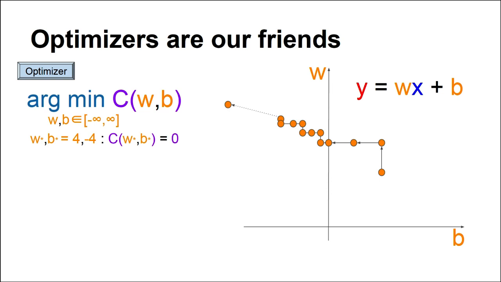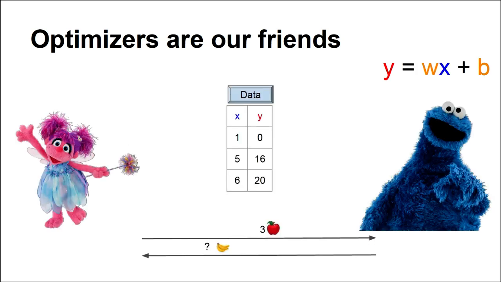And because this is a linear function, you always get there if your step size is small enough. So if we say that W is 4 and B is minus 4, you will get every sample correctly. So with this, we have our model, which is 4 and minus 4. And you can predict that if Abby gives the Cookie Monster 3 apples, she will get 8 bananas back.